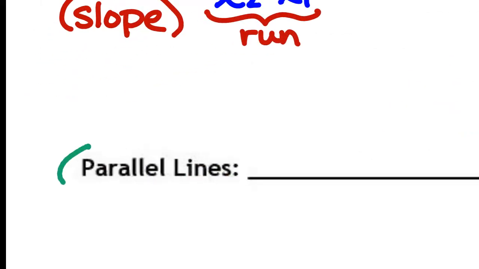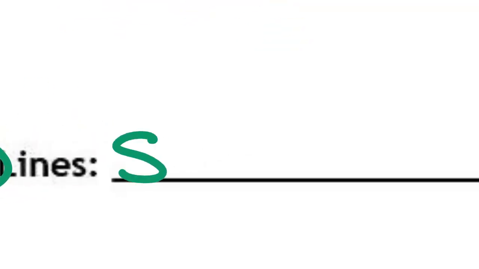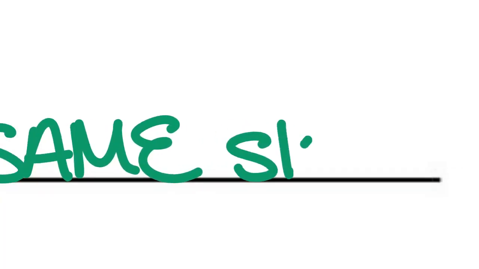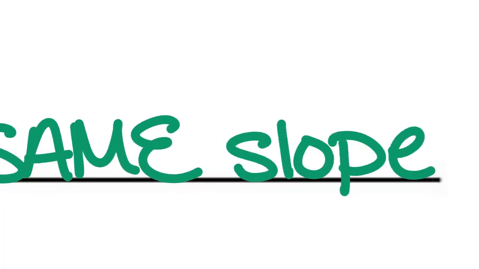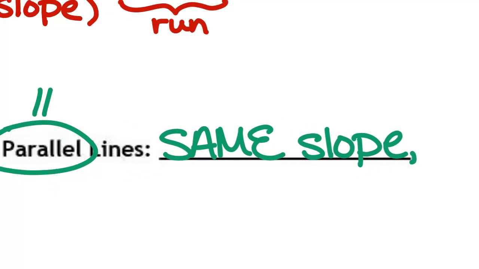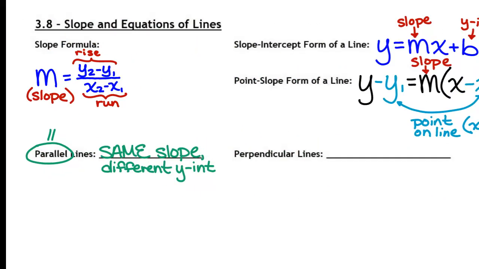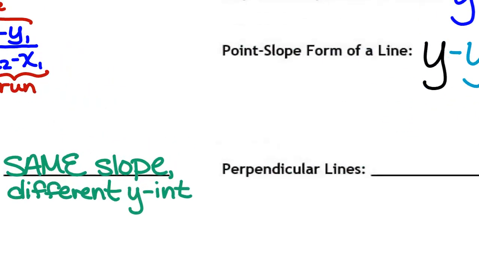When we have parallel lines, we have the same slope but a different y-intercept. Two lines that have the same m are parallel lines. Same m but different b.